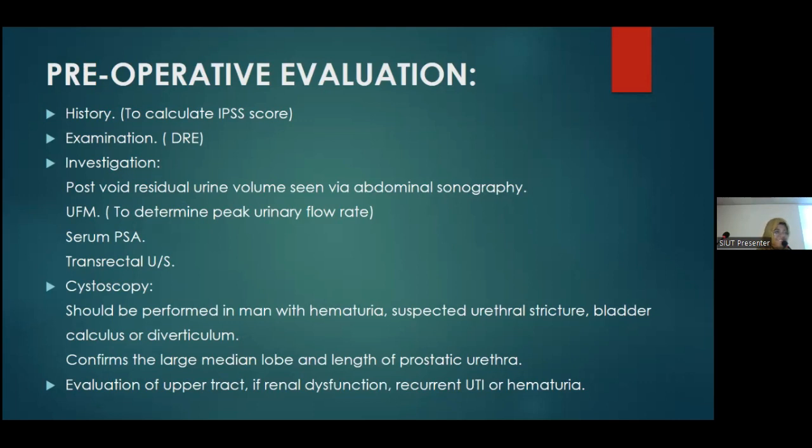Dr. Numan, I guess you have been selected. Sir, enlarged prostate more than 80 gram volume with bladder stone or diverticulum.